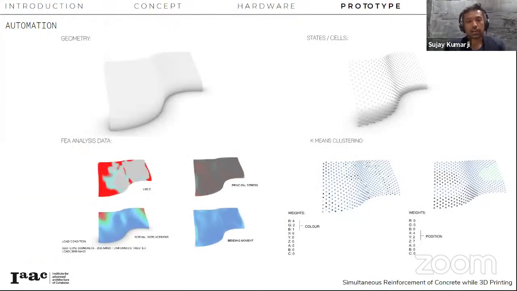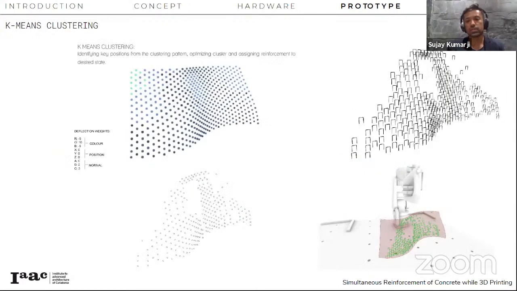So we started out by analyzing the geometry, doing a couple of finite element analyses on it to understand the bending moments and the displacement within the geometry. Once that was identified, we broke down the geometry into various states, and using the k-means clustering algorithm, we divided it into states.